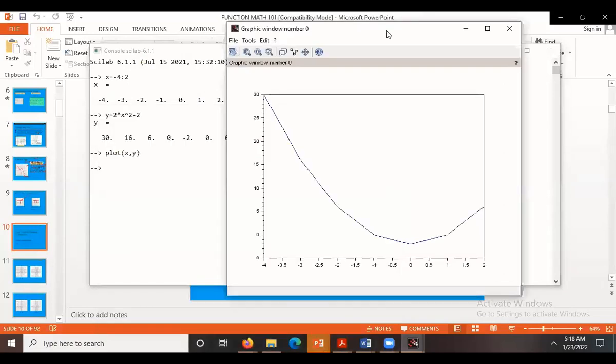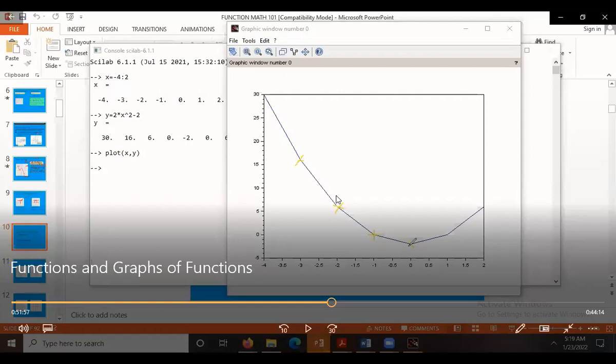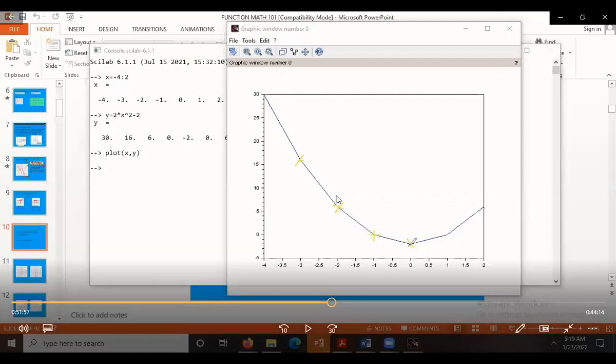Yeah, so this is the function of the points. You can see we have our point here, another point there, another point here, and one point there. So you will notice that it's the same graph we obtained by plotting manually.